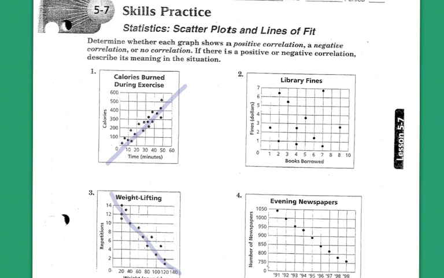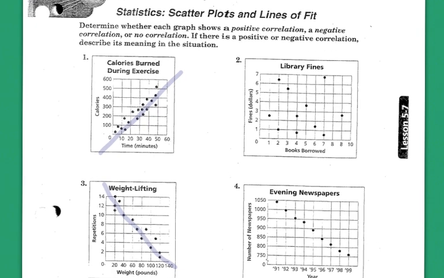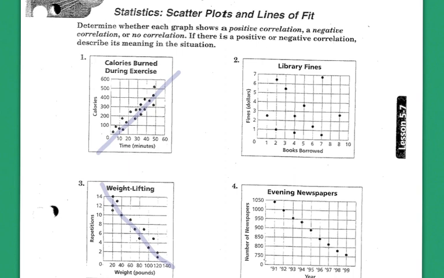Whereas with number 3, the more weight that you lift, the fewer repetitions you do. That type of thing is what they're looking for. And of course, if there is no correlation, then you don't have to describe the meaning, only if there is a positive or a negative correlation.